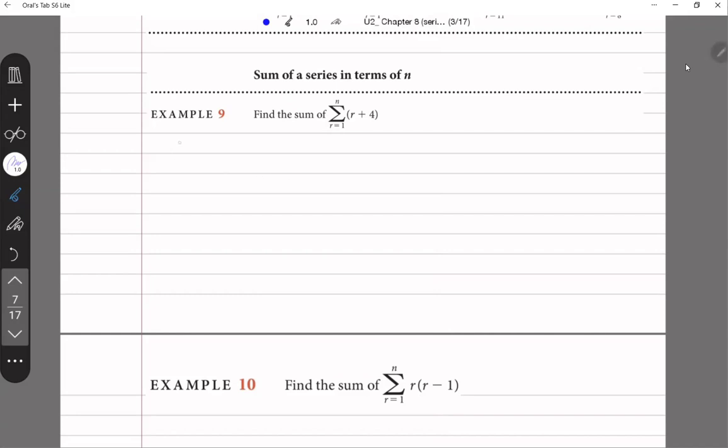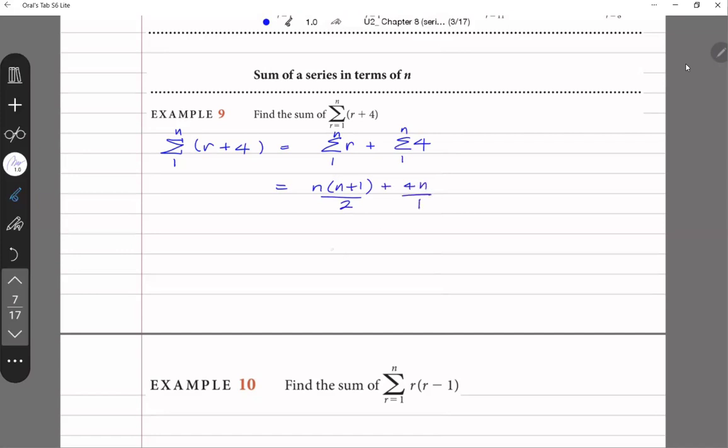First of all, the series from r equals 1 to n of r plus 4 is equal to the sum from r equals 1 to n of r plus the sum from r equals 1 to n of 4. So this would be n into n plus 1 over 2 plus 4n.